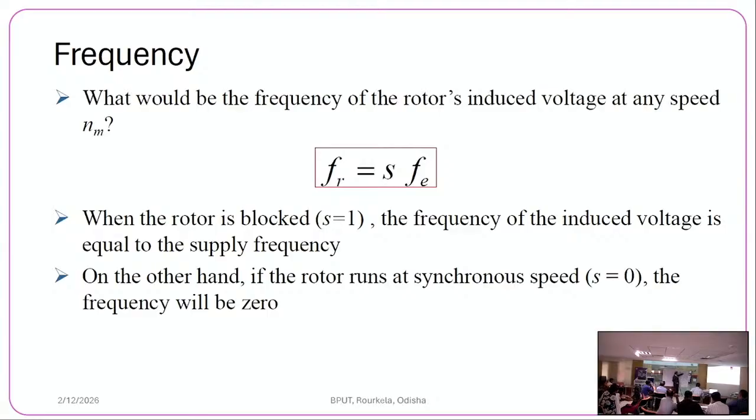But this omega is 2 pi Fs. So what is the difference? Suppose P equal to 2, for a two-pole machine, omega S is 2 pi Fs and this is also 2 pi Fs, so no problem. But if P equal to 4, this will be half of that.